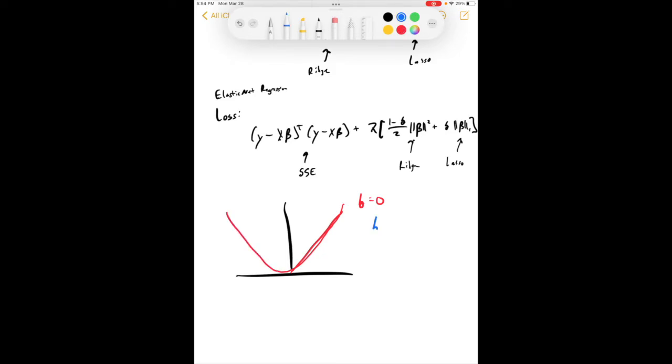And if delta equals, say, 1, then we're going to end up with lasso regression. And if delta is 0.5, then we're going to end up with a slightly softened absolute value function.